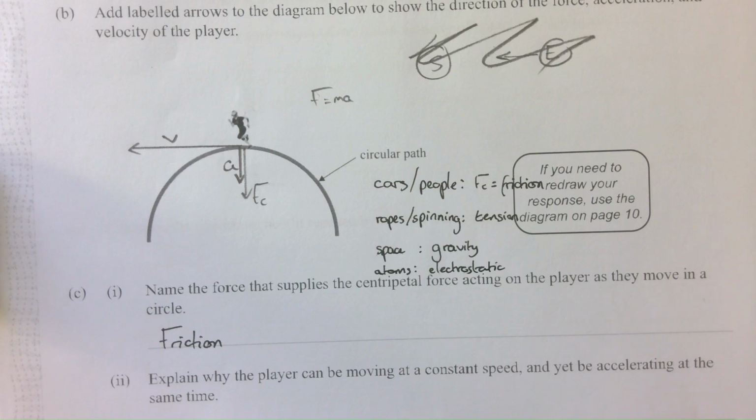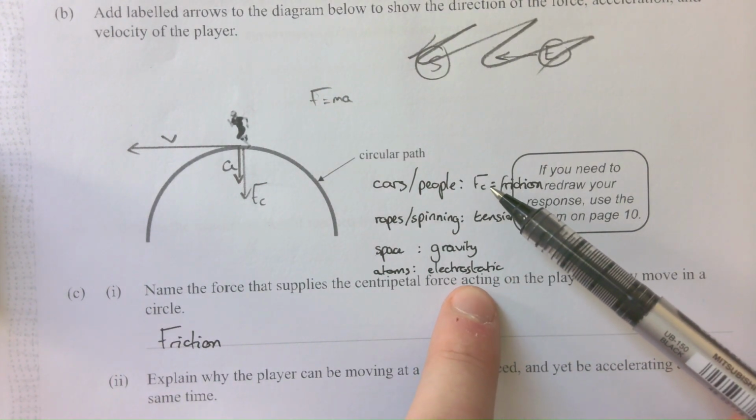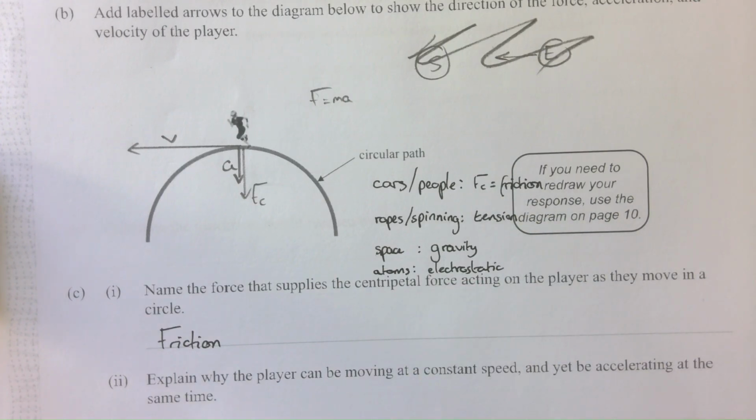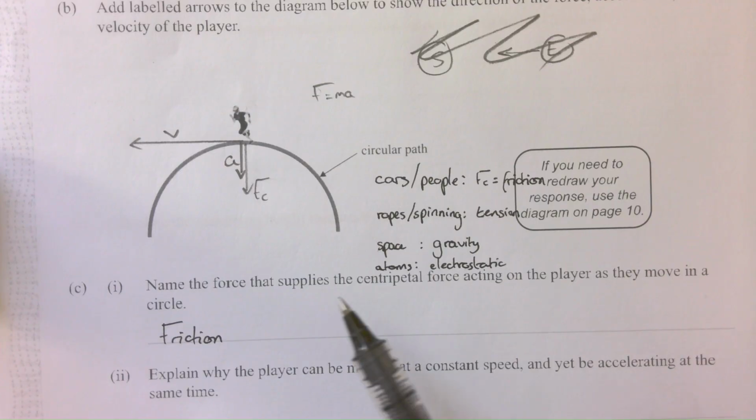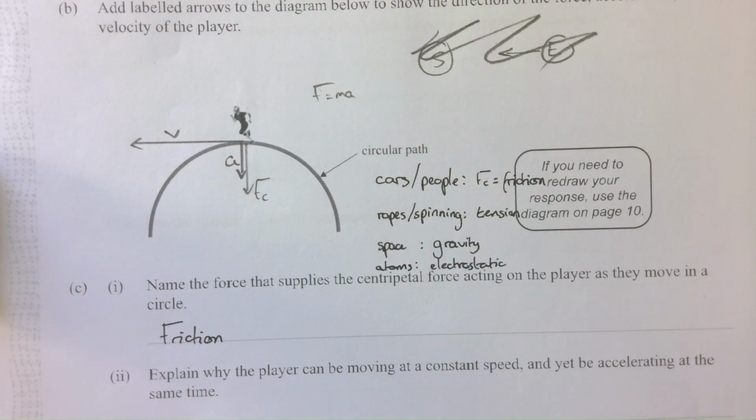So those are the sort of typical examples that come up. These are the forces that provide the centripetal force. Remember that centripetal force is not a force in its own right. It's just the name for an actual force that happens to pull something towards the center of a circle. So gravity, electrostatic force, tension, friction can all be centripetal forces, but a centripetal force is not a thing in its own right.